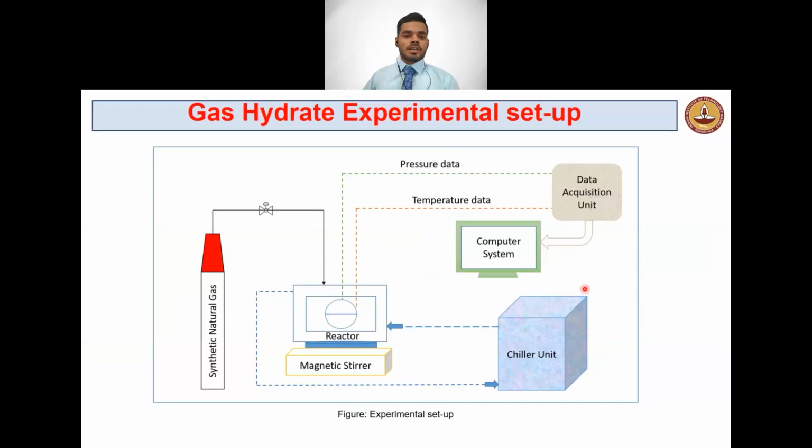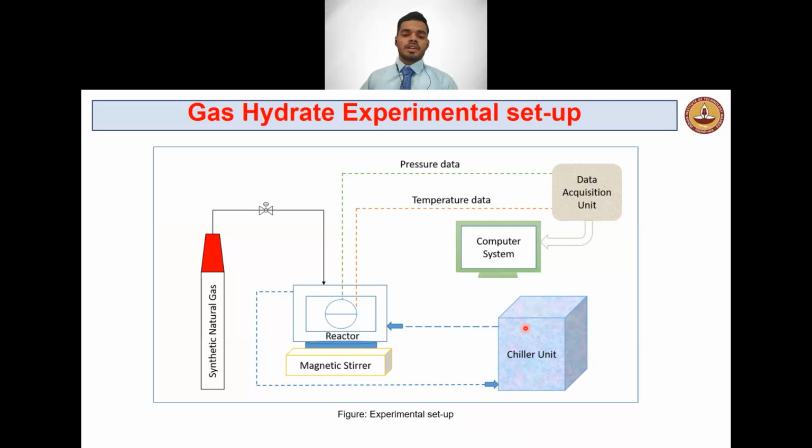So this is the gas hydrate experimental setup of ours. In this, we have a two-sided window reactor, which is stirred by a magnetic stirrer. Temperature in the reactor is maintained by the chiller unit.